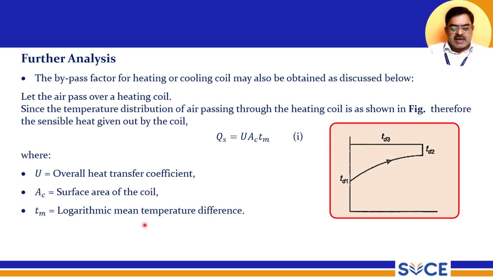This is the diagram, and you can see here Ta1, Td1, Td2 and Td3, and this is how the temperature is varying in this diagram.